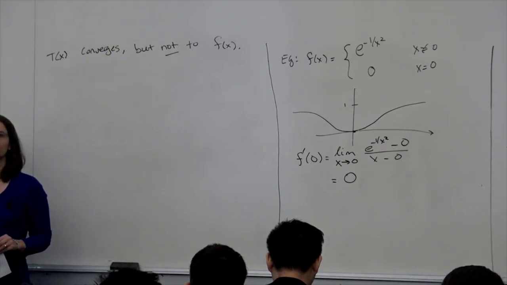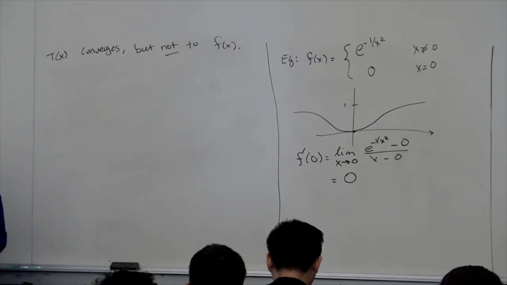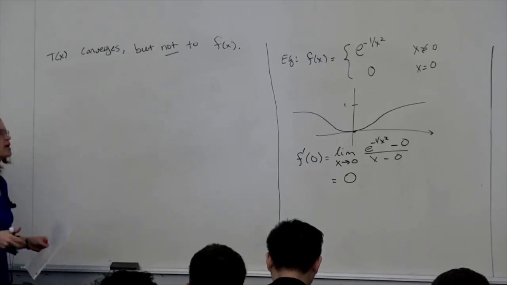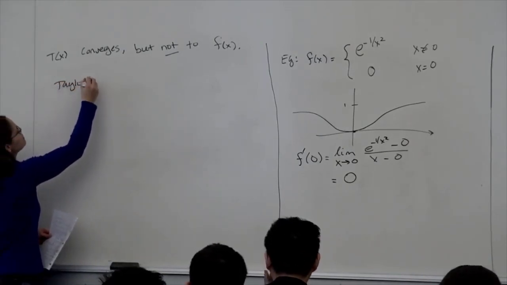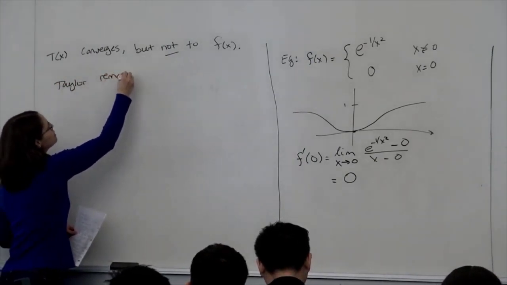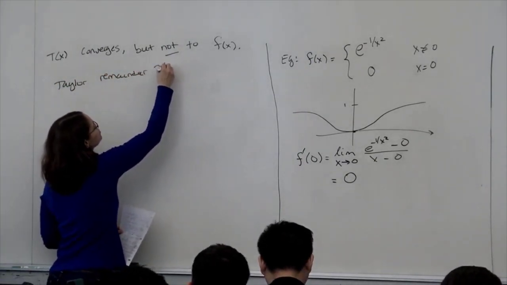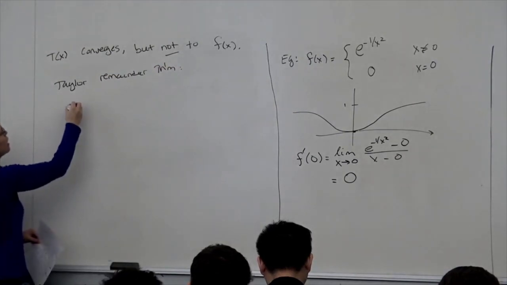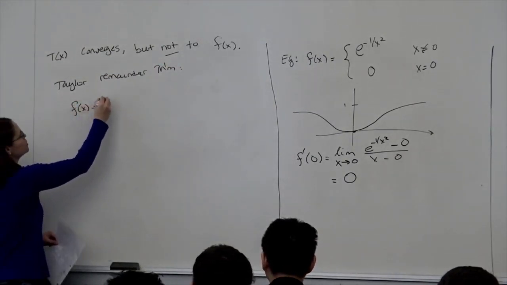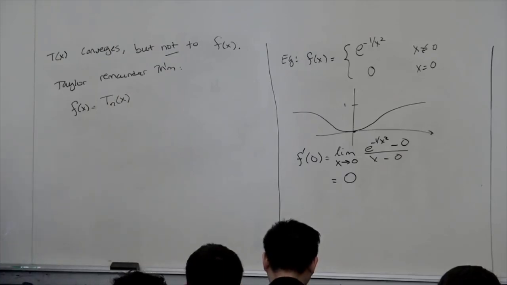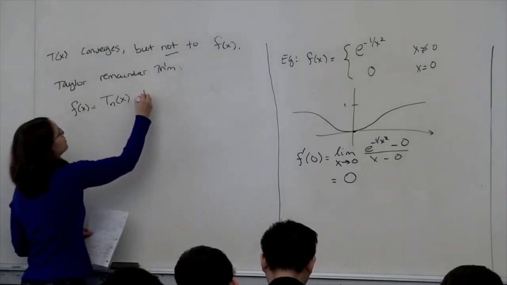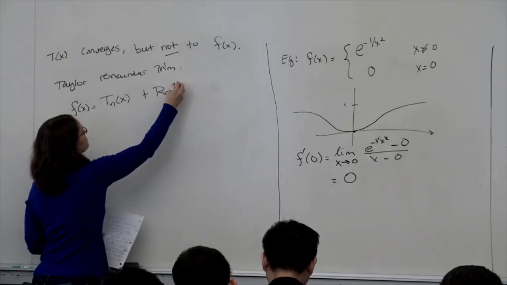If we want to know what's going wrong, we should come back and ask ourselves, what does Taylor remainder theorem tell us? Taylor remainder theorem says that f of x was equal to the nth order Taylor approximation plus an error term.